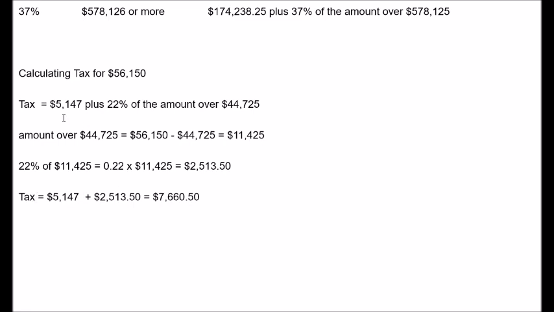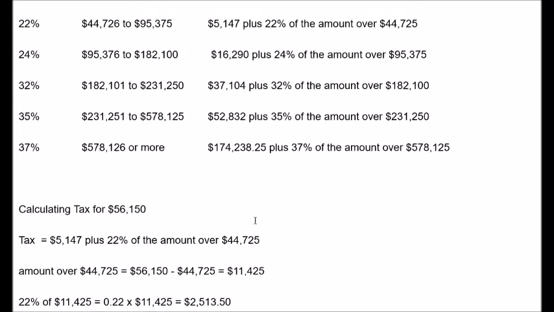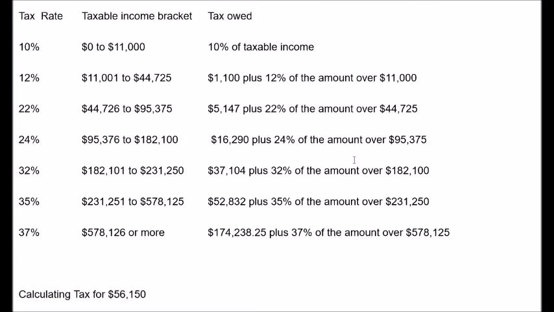And so the tax will be $5,147 plus $2,513.50, which is $7,660.50. And so this is another way of calculating the tax. These formulas right here can be found in the description section. If this is simpler, and if you want to use this method, then it'd be just as good.